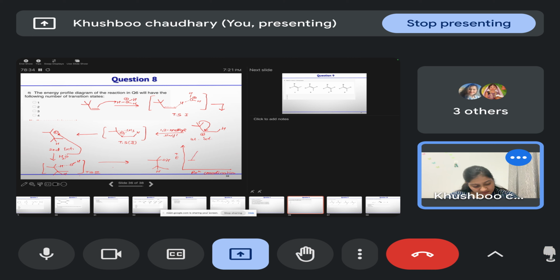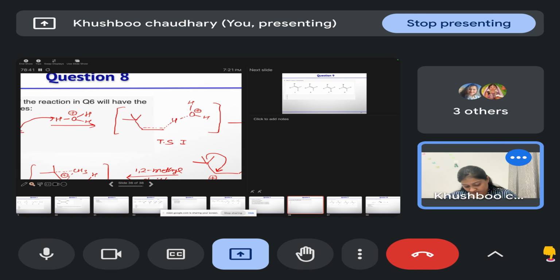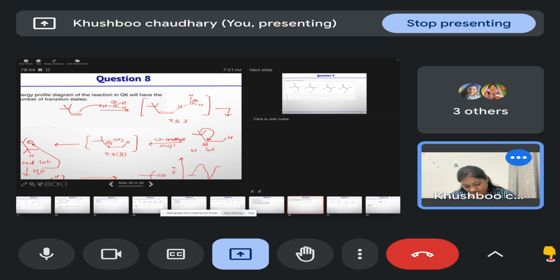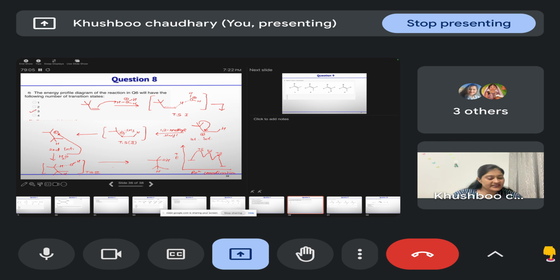So 3 transition states are there, 2 intermediates are there. So the number of transition states is 3. Is this clear? Yes, ma'am. Okay.